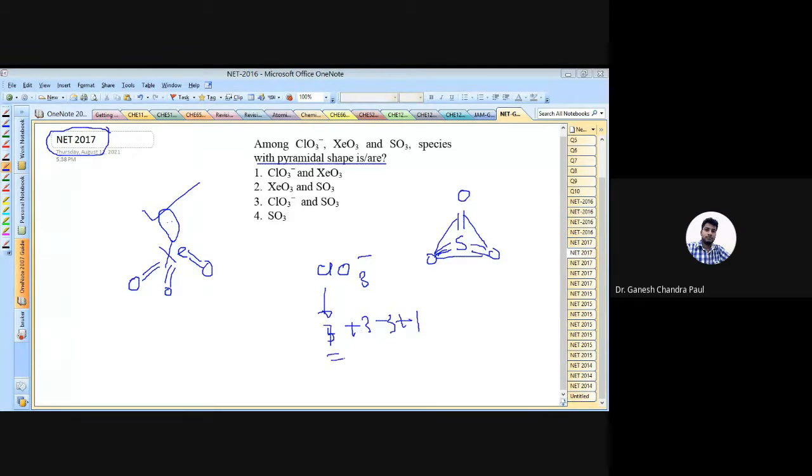Therefore, overall the total number of electrons is 8. The bonding electron pair is 4. So the corresponding hybridization is sp3. The central atom is chlorine, there are three oxygens present like this, one lone pair is present, and overall it is negative. So option one is the correct answer.